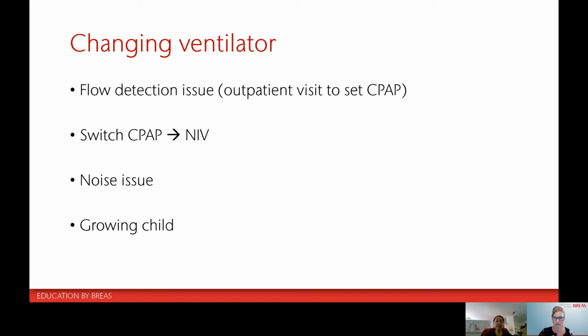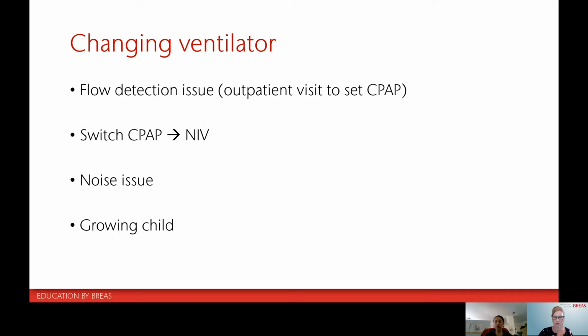So we usually think about the age of the child and try to choose the ventilator that will be more adapted for the child and the family. Sometimes we think that the child is old enough to have a standard CPAP device, much more than 10 kilos, for example.